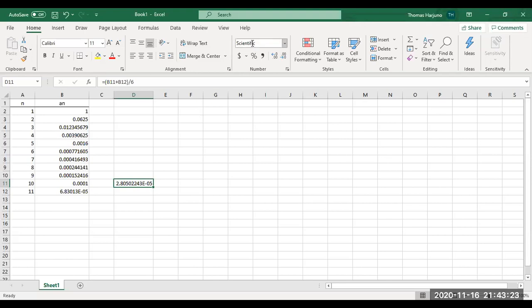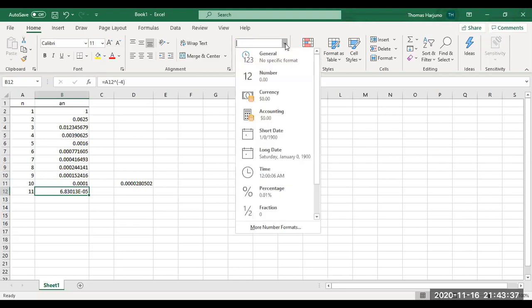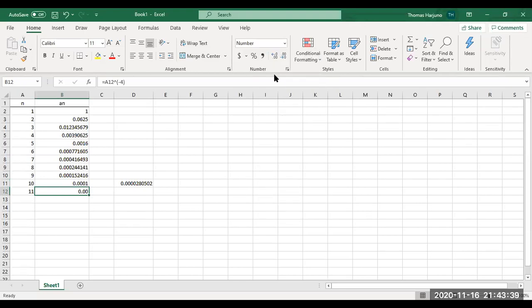No, I don't want to do scientific. I'll change it to number. More decimal places. Likewise here. Change it to number. More decimal places. Okay.